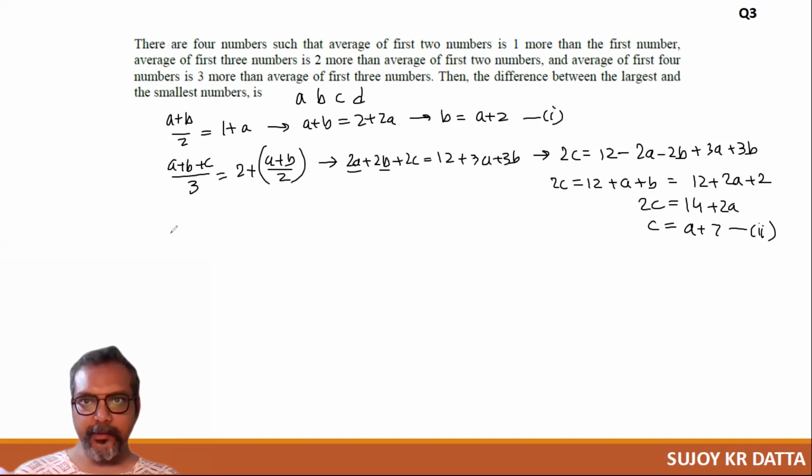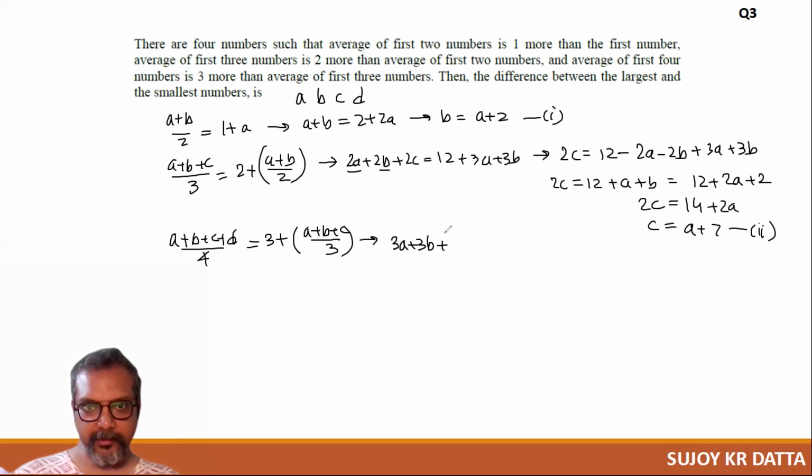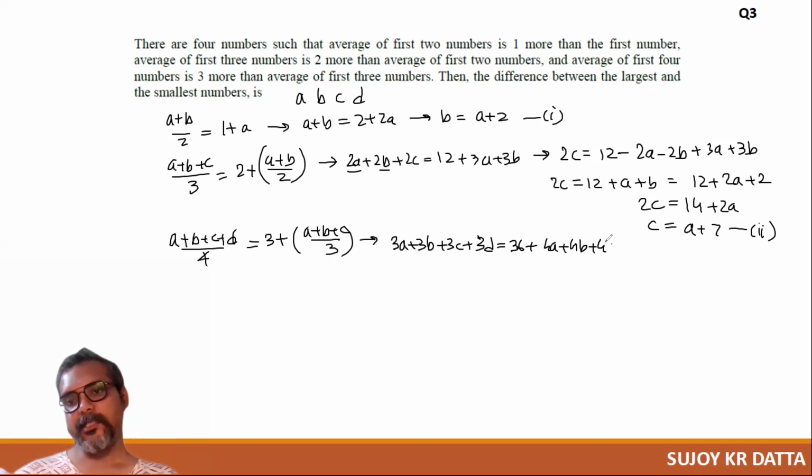Finally, we have the average of the first four numbers. (A plus B plus C plus D) over 4 is 3 plus (A plus B plus C) over 3. So multiply by 12. 3A plus 3B plus 3C plus 3D equals 36 plus 4A plus 4B plus 4C.